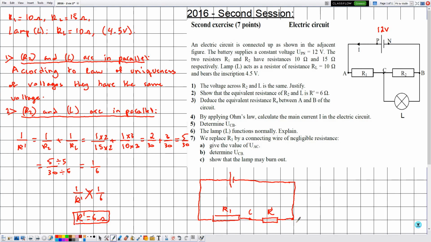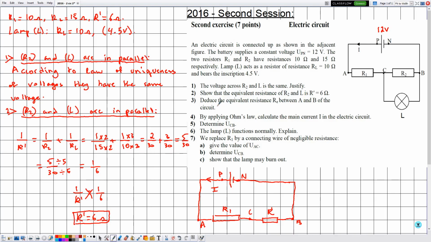This is the point B of the electric circuit connected to the negative pole of the battery, and this is the point P, this is the point A, and the electric circuit for sure is traversed by the same electric current I. So always I repeat, whenever we determine an equivalent resistance, we redraw the circuit containing the equivalent resistance. And here let's write down the value of R prime, which is equal to 6 ohms.